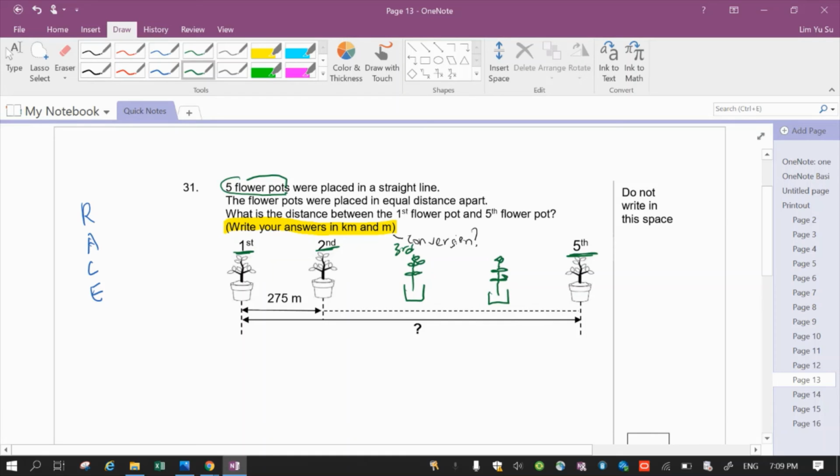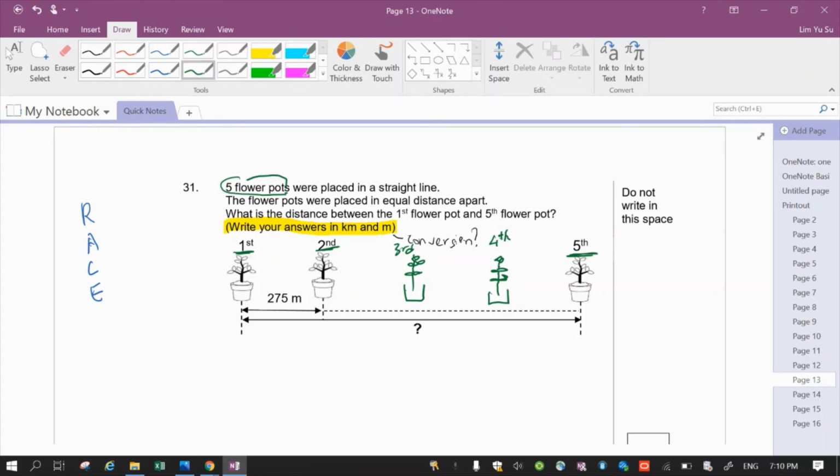Sometimes drawing helps, and filling in the drawing helps. But the problem is if the question asks you for, say, the 21st flower pot, or the 100th flower pot, you are going to take a long while if you rely on drawing. So it's important to ultimately know how this works.